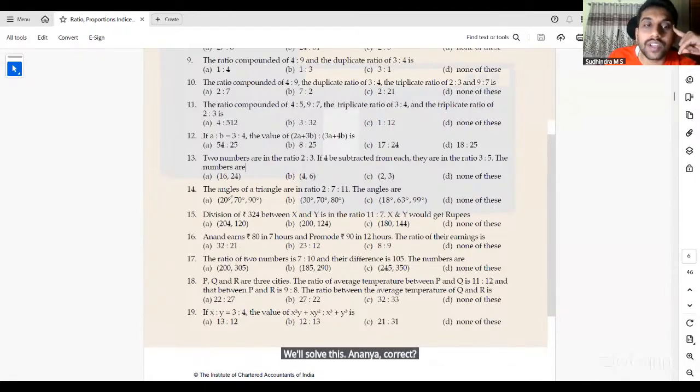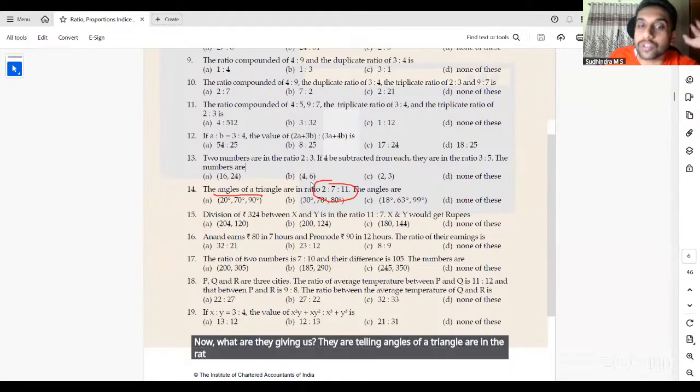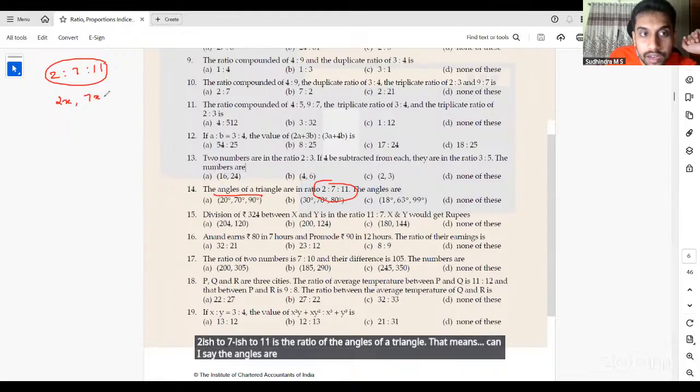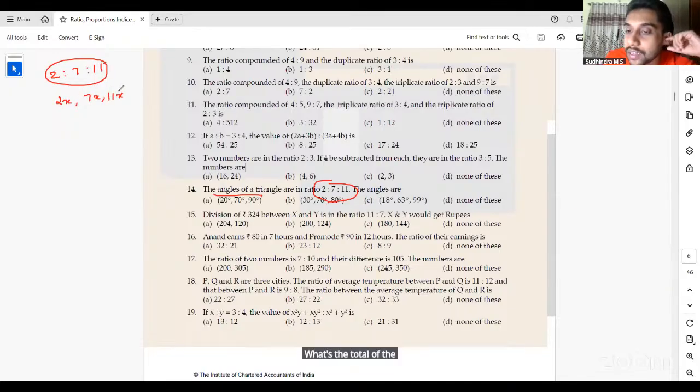Now, what are they giving us? They are telling us the angles of a triangle are in the ratio of 2:7:11. That means, can I say the angles are 2x, 7x, and 11x degrees? What's the total of the angles of a triangle? 180 degrees.